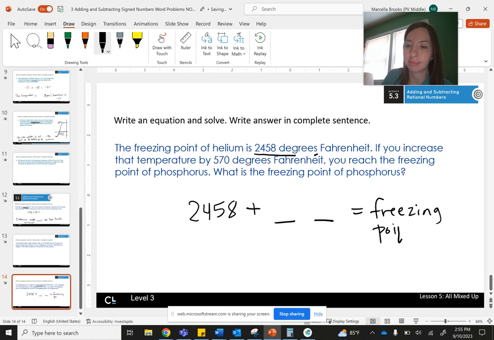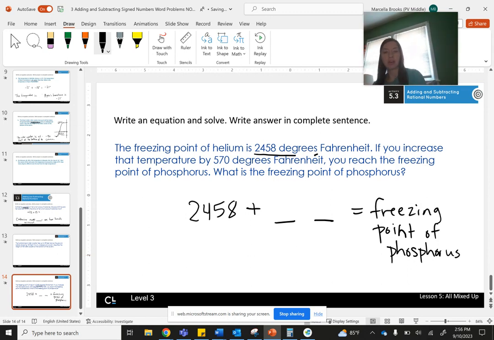These are all elements, by the way. You might have already discussed it in your science class. So you're going to tell me what number to put in there, and then you're going to tell me in a complete sentence what the answer is.